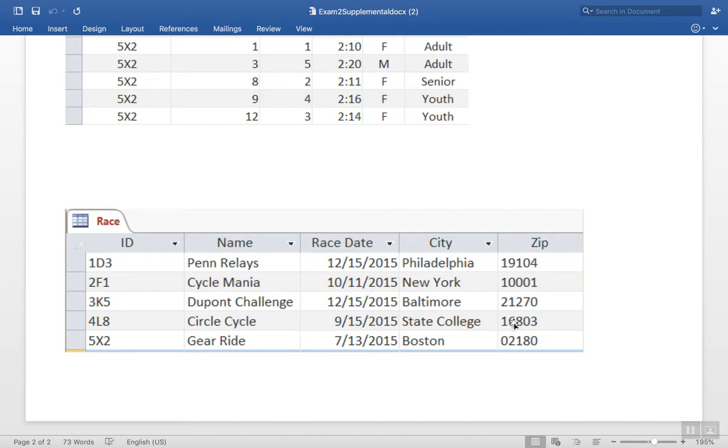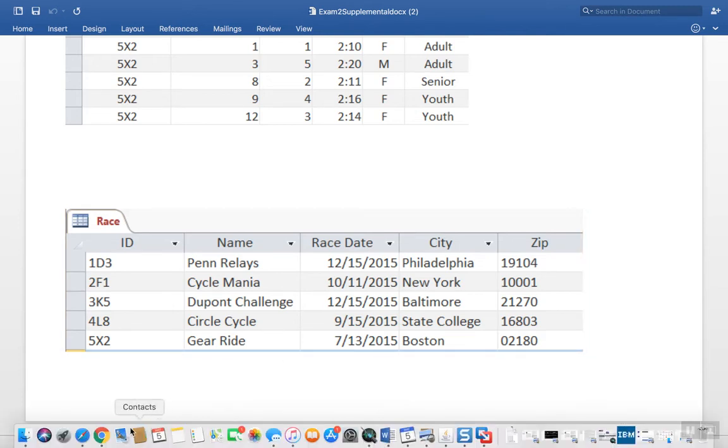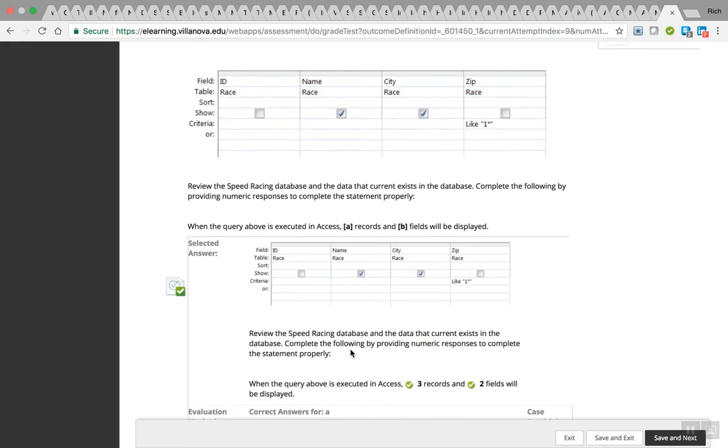So this is basically what we're going to return. It's going to be Penn Relays, Cycle Mania, and Circle Cycle, the three we will return. So it'll be three records and two fields. This is the answer for this.